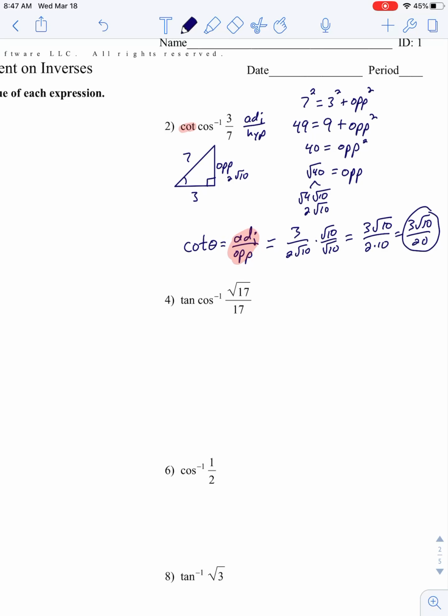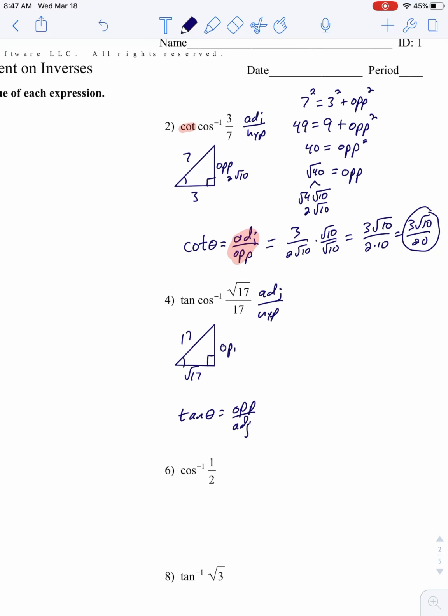Number 4, in a lot of ways, very similar to number 2. So here's my triangle. We're again given cosine, which is adjacent over hypotenuse. So square root of 17 here, 17 there. This time we're trying to find the tangent of theta, which is opposite over adjacent.